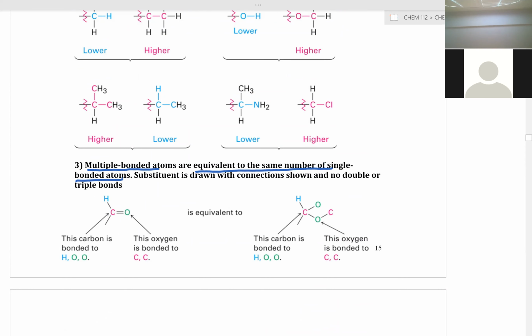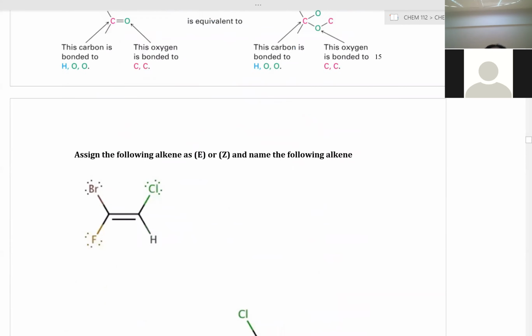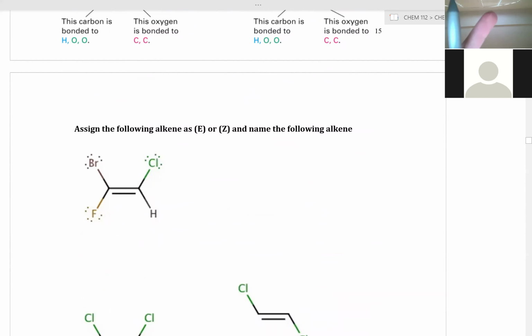So now we're going to use this knowledge to try to assign E versus Z olefins for some pretty tricky alkenes. Let's look at this first example. If we compare bromine and fluorine, which group is higher priority? Bromine.